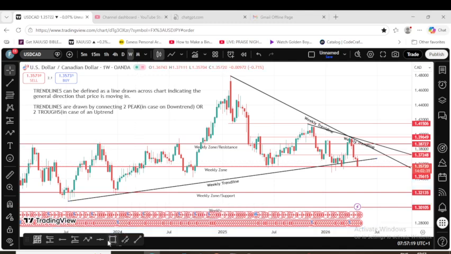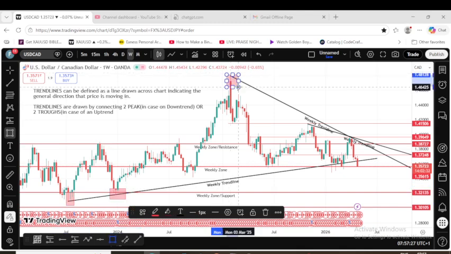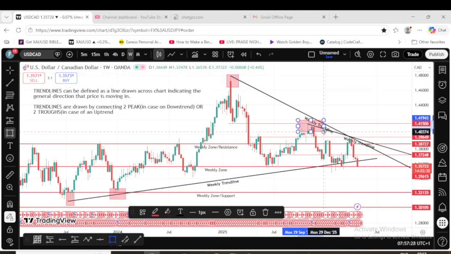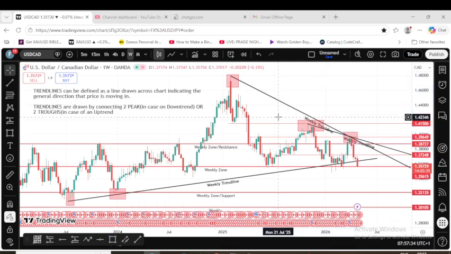You can see that these are my two troughs, my two bases in this case, and here we have these as my peaks. This is quite easy to understand, right? Very simple, very straightforward.